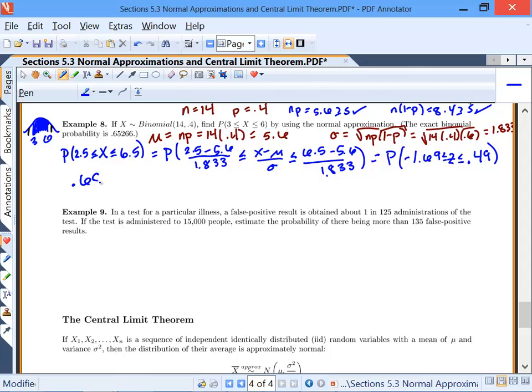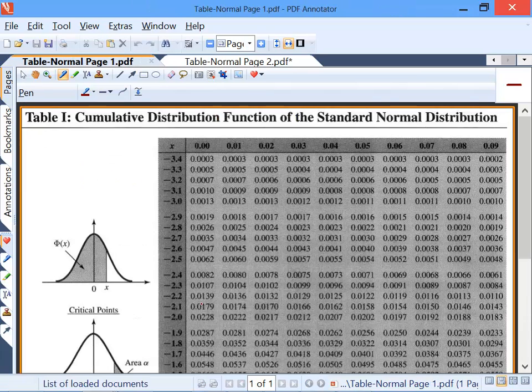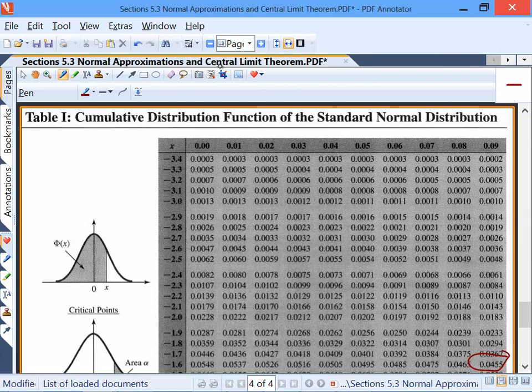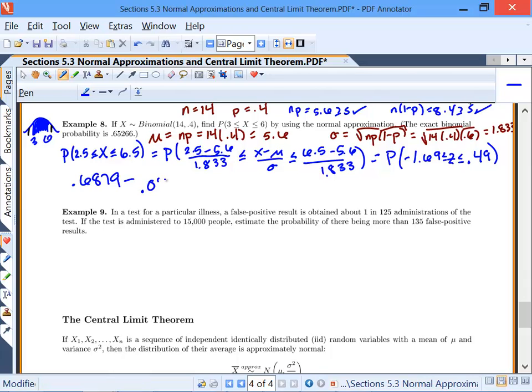So 0.6879, and then I find my negative 1.69. Negative 1.69 puts me at 0.0455. And if I subtract them, that should give me the area in between. So 0.6424.